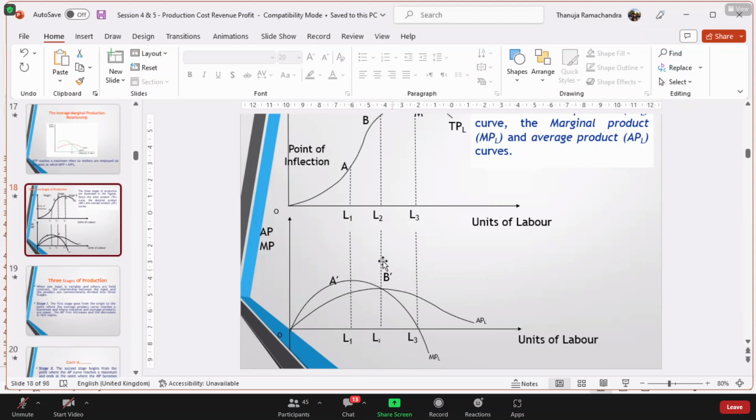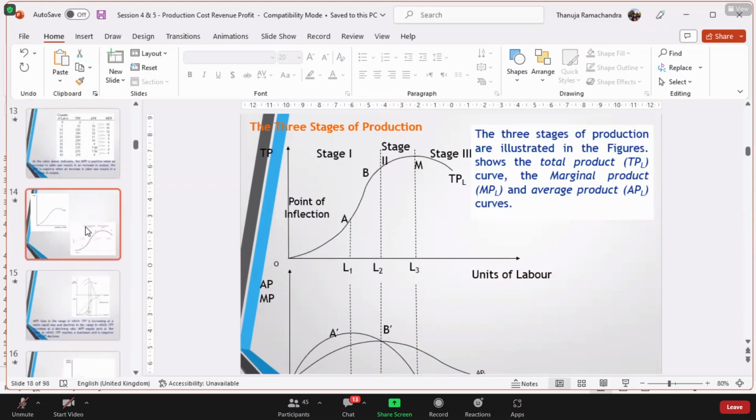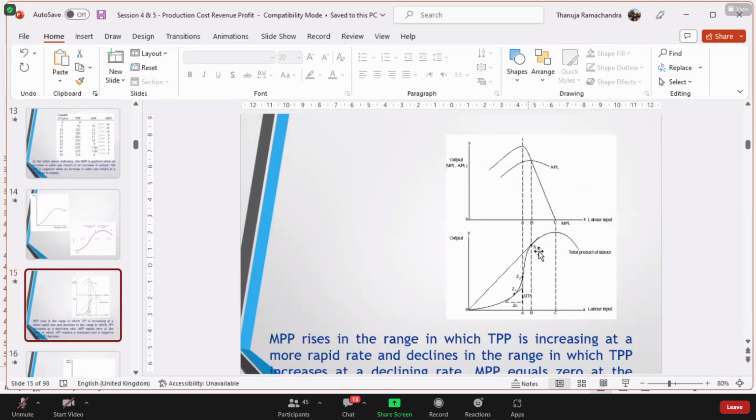So this duration, basically L1 to L3, is diminishing returns. You can see that somewhere else also. Here is that second phase. From A to C are the diminishing return points, or from A onwards, your marginal product falls, and this is the point of marginal cost minima, right?